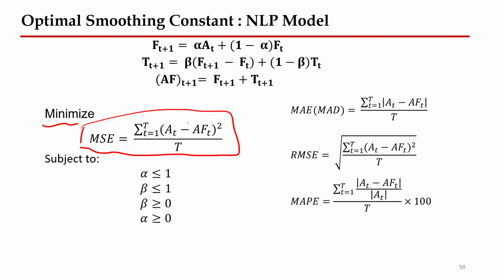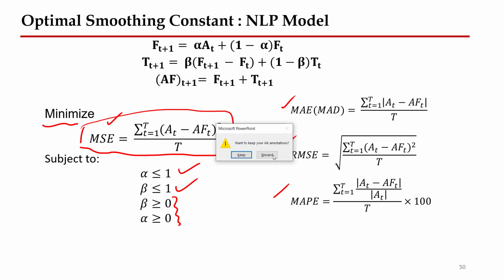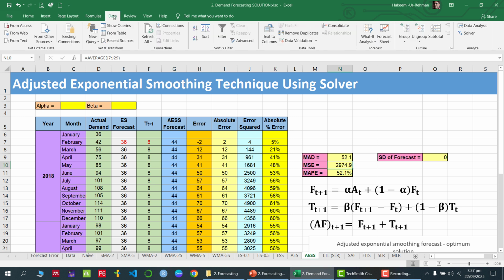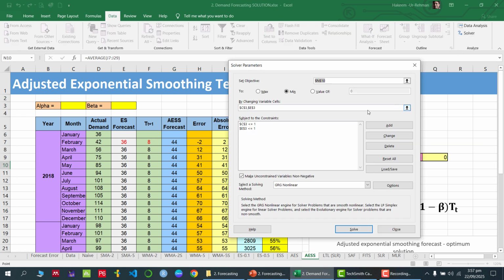It's up to you whether you would like to minimize the mean square error, mean absolute deviation, root mean square error, or mean absolute percentage error. And the constraints are that alpha should be less than or equal to 1, beta should be less than or equal to 1, and both should be positive. So how can we do that? We are going to go to the Solver, Data, Solver.